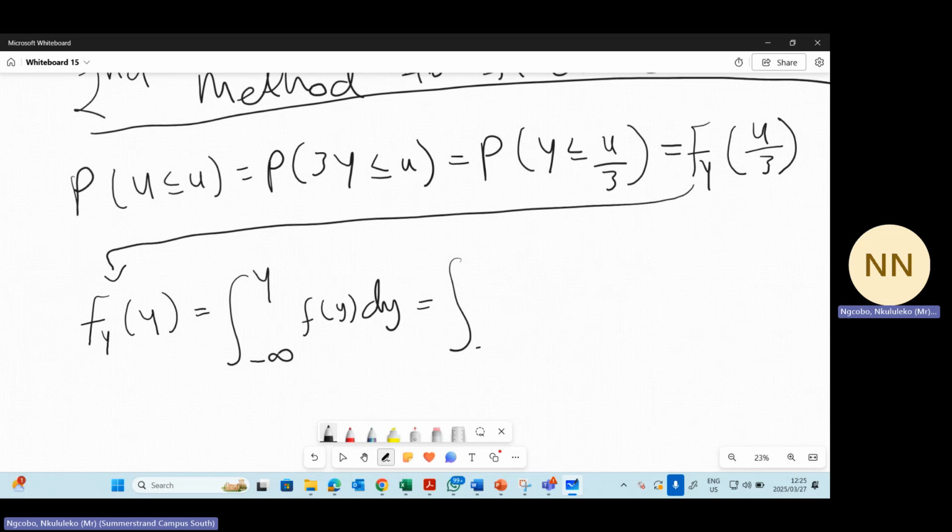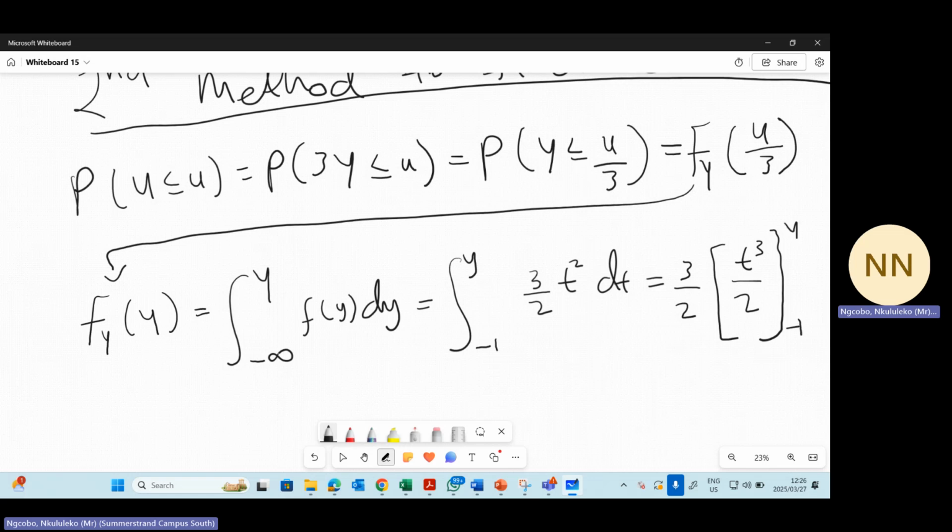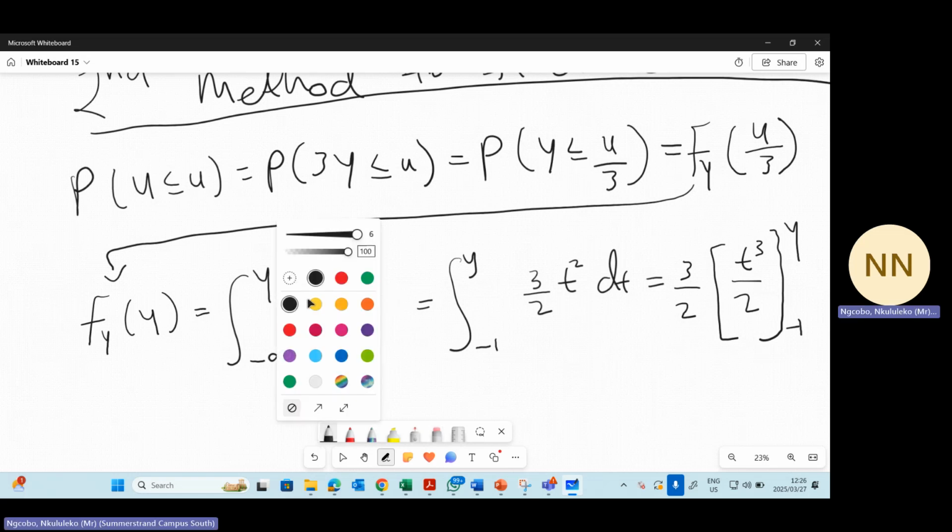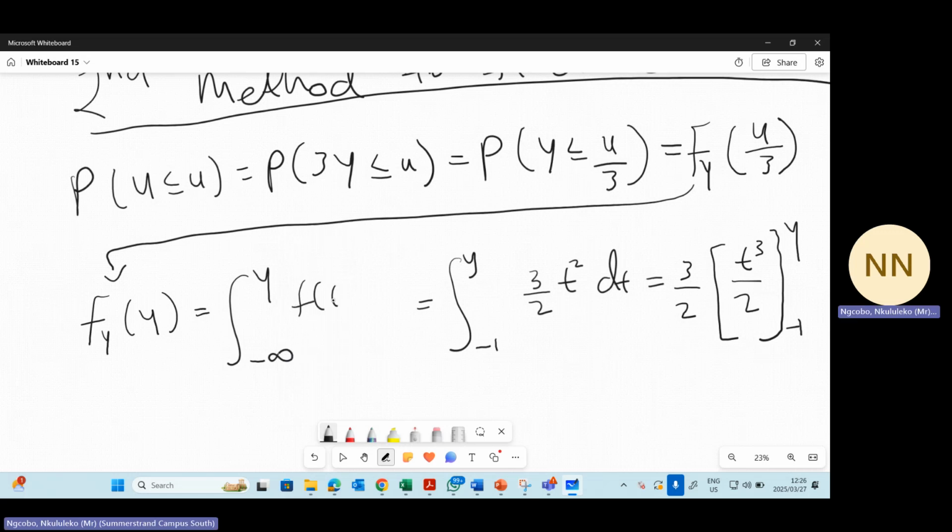Find the distribution of y, which will be from minus infinity to y, f of t dt by definition. So then this will be from -1 to y of the density function given to you as 3 over 2 t squared dt, which then will be just 3 over 2 into t cubed over 3, evaluated from -1 to y, right?